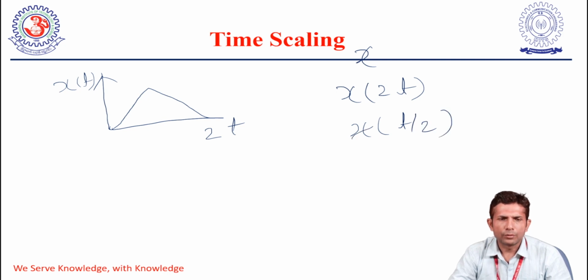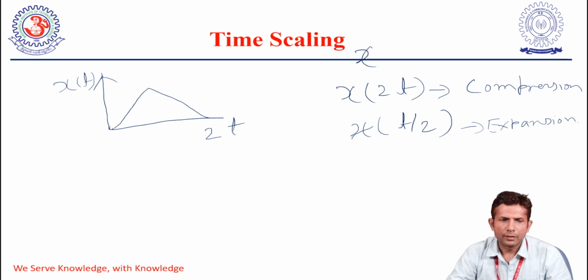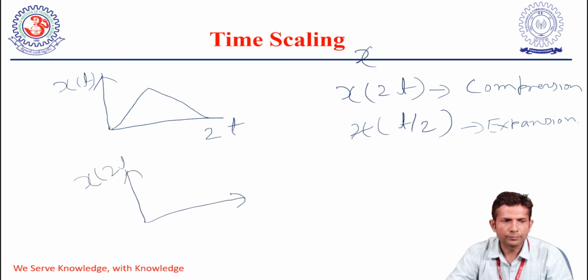So this will be called compression, and this will be called expansion. If I have to plot x of 2t, it means it is the compression. So let us plot what will be the value of x of 2t. Here t is multiplied by 2, so for plotting x of 2t, we will compress this.